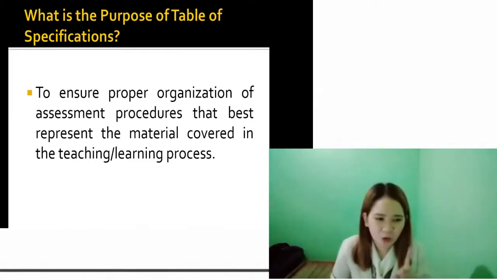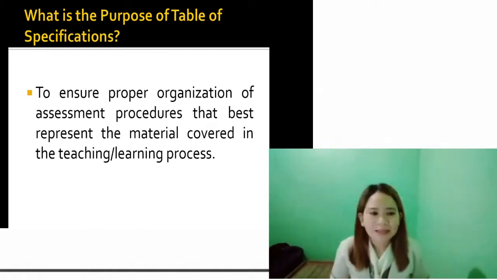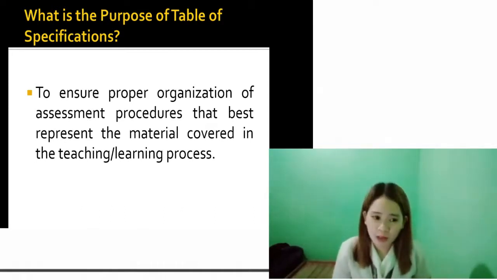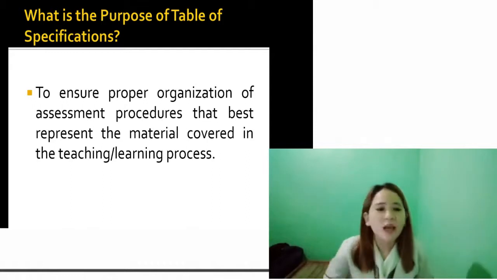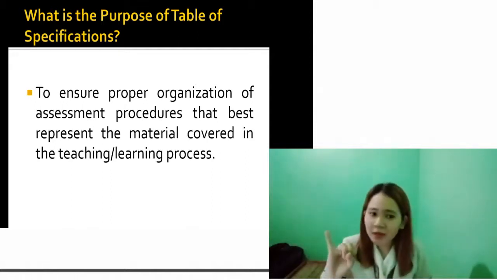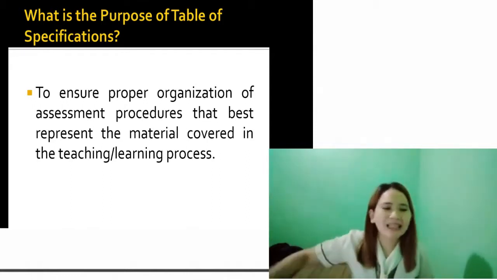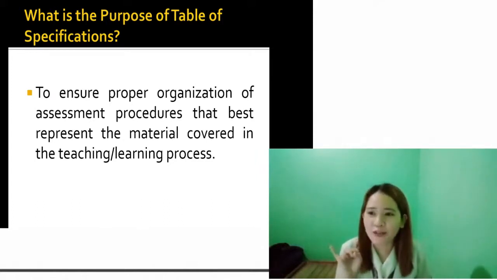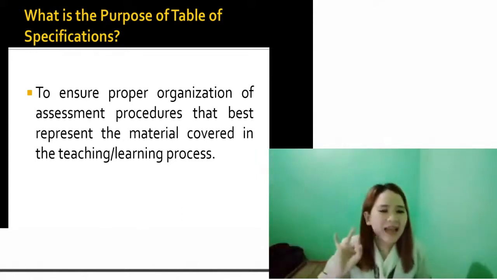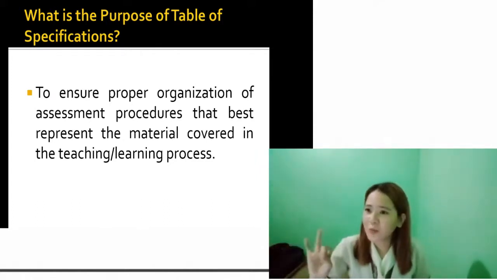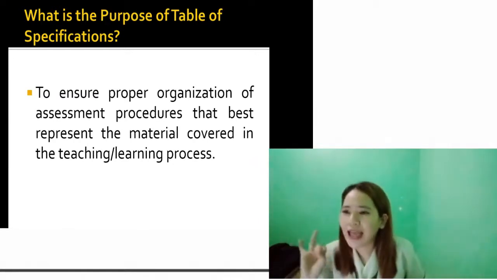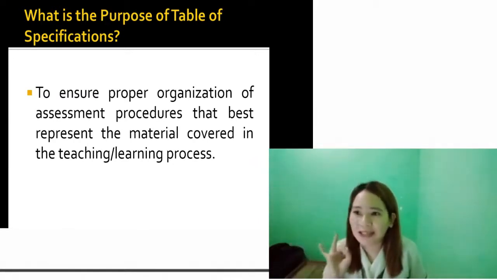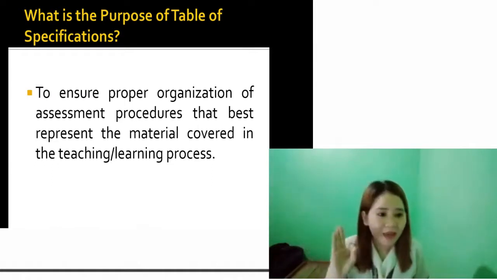So, take note, in general, the Table of Specifications identifies the achievement domains being measured. It ensures that a fair and representative sample of questions appears on the test. And the last one is to improve the content validity of the test. Okay?